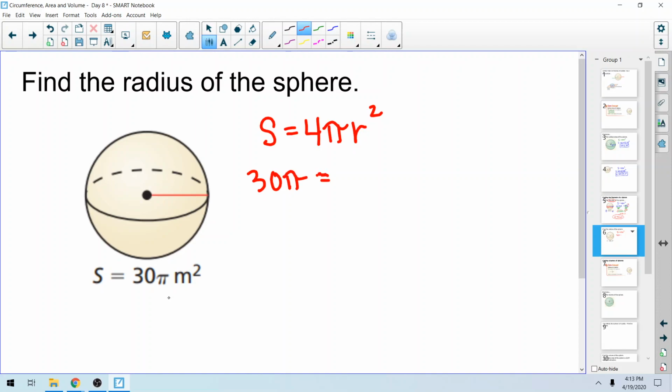Now again, I know they've got this meters squared on here, but that's just the units. You don't need that when you put it in the equation. 4 pi r squared. And again, I don't know r, that's what I'm trying to find. So if I'm trying to get the radius by itself, we're going to divide both sides of the equation by 4 pi.